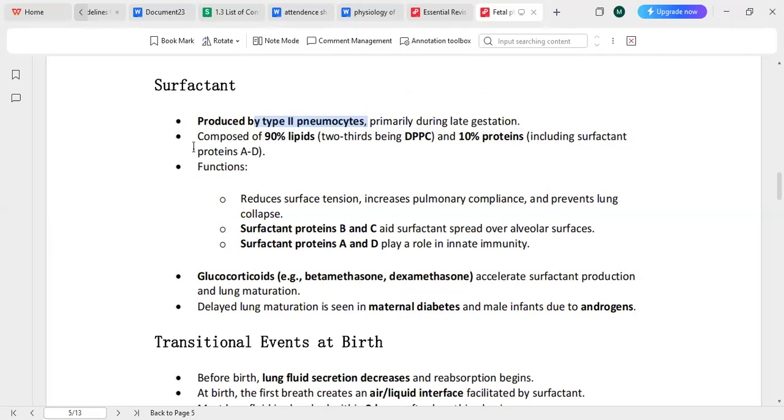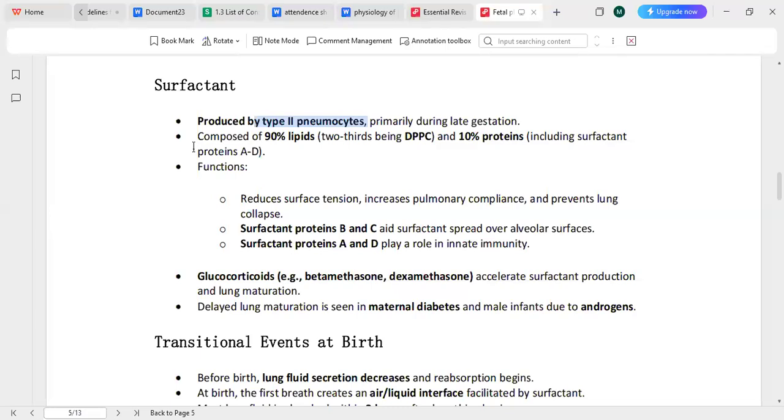So whenever we have a premature baby, what do we try to do? We have a premature baby and we think it is in the lung development phase. In that phase, we don't have good surfactant production. Dexamethasone injection, very nice, before delivery.